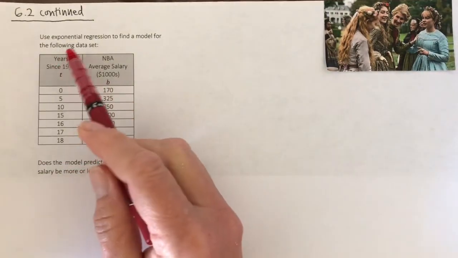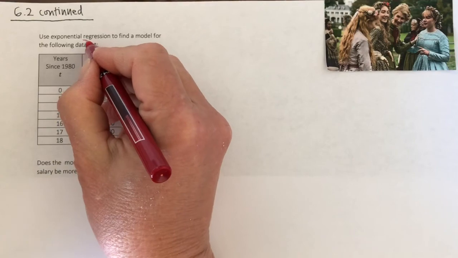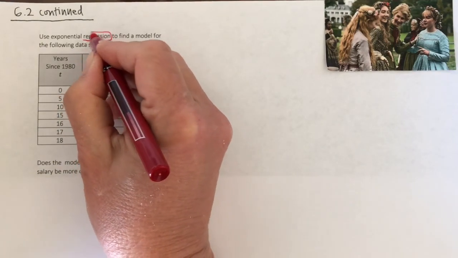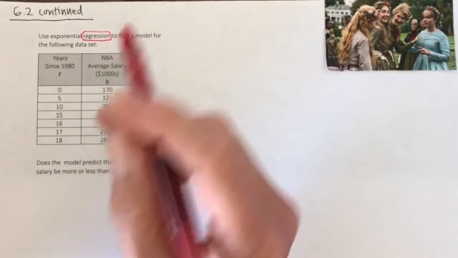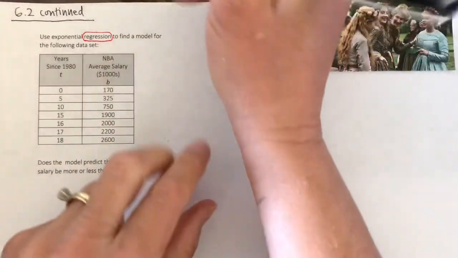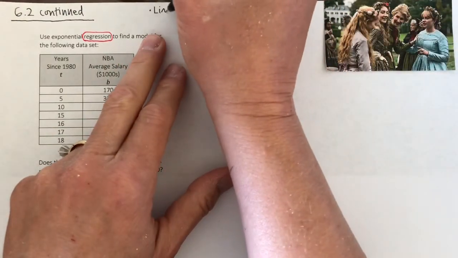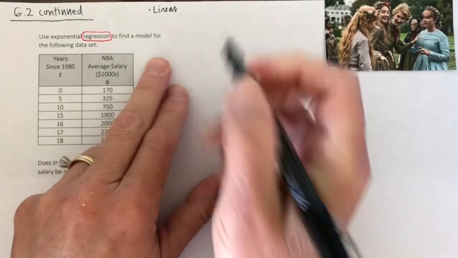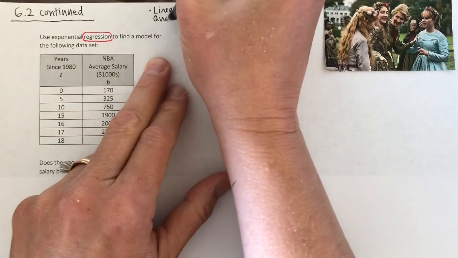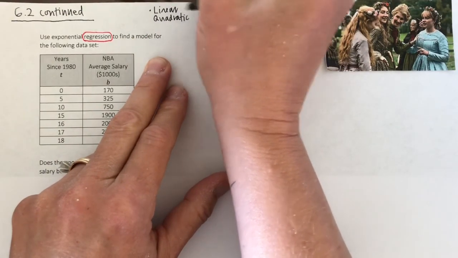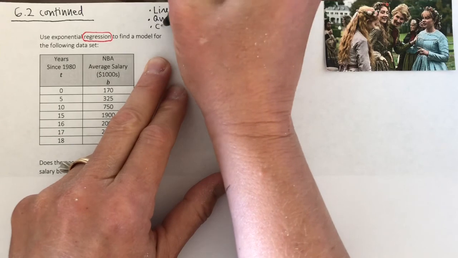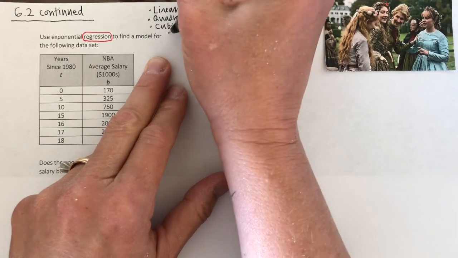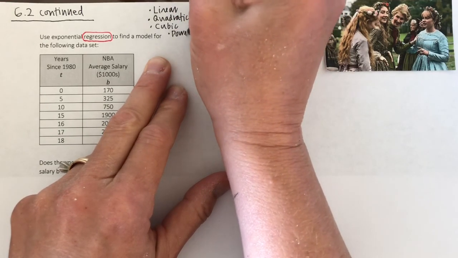All right, we're talking about regression for the first time in an exponential context. This works just the same as other regressions we've seen. We've seen linear, we've seen quadratic, probably we did some cubic regression. I can't remember if we had time to do power regression.